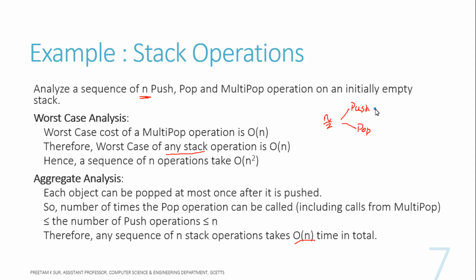So n by 2 push operations will take n by 2 time, because every push operation is taking order of 1, and similarly every pop operation is taking order of 1. So n by 2 pop operations will take n by 2 time. So in total it will take n time, which is basically order of n, right? So this is nothing but order of n.